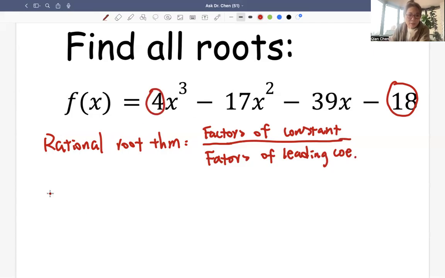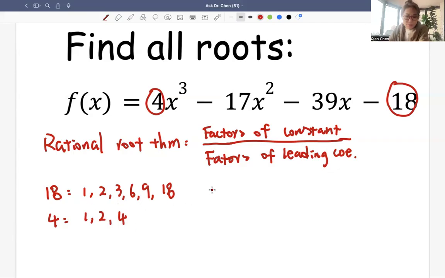If we list the factors of 18, they are 1, 2, 3, 6, 9, 18. And the factors of 4 are 1, 2, and 4. So when we divide, we have to divide every one by 1, so we just get itself.